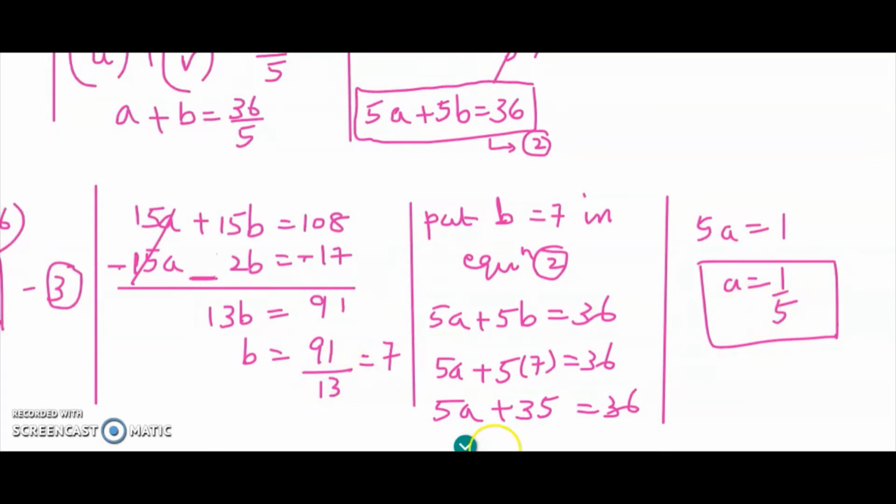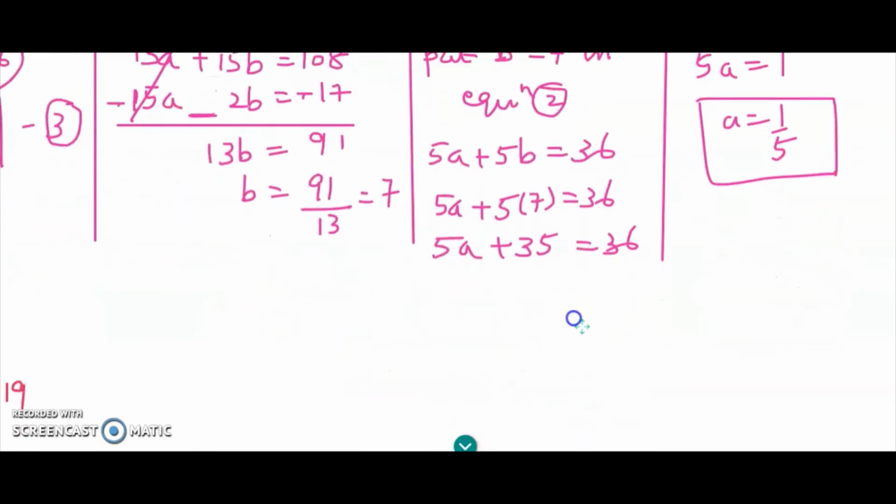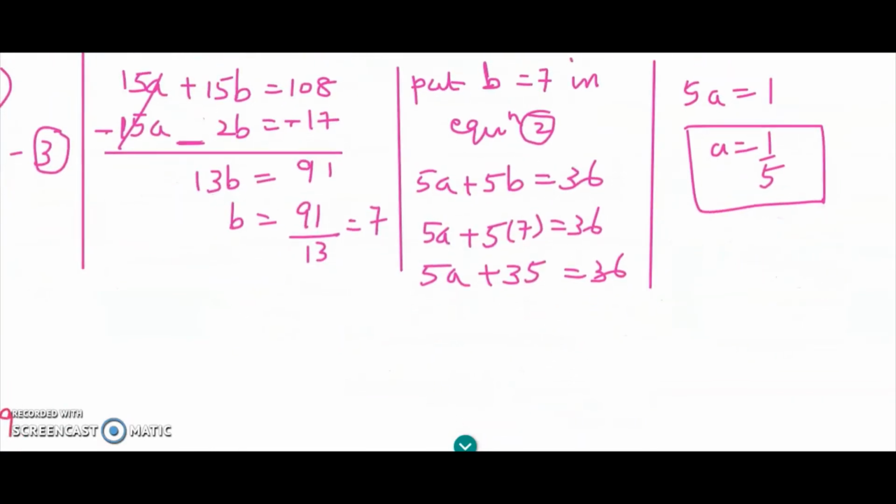Clear? So are we done with this? Is it the final answer? No, because we have to find u and v. So the last step will be: 1 upon u is equal to a. My a is 1 upon 5.